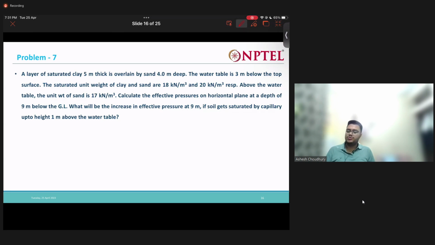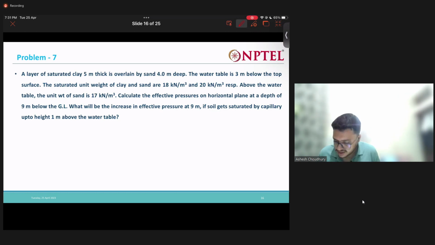We need to deduct the pore water pressure from the total stress, because pore water cannot take shear stress. Only the grain to grain contact can carry the shear stresses. Water cannot carry shear stress. So that's why this effective stress theory is very important.